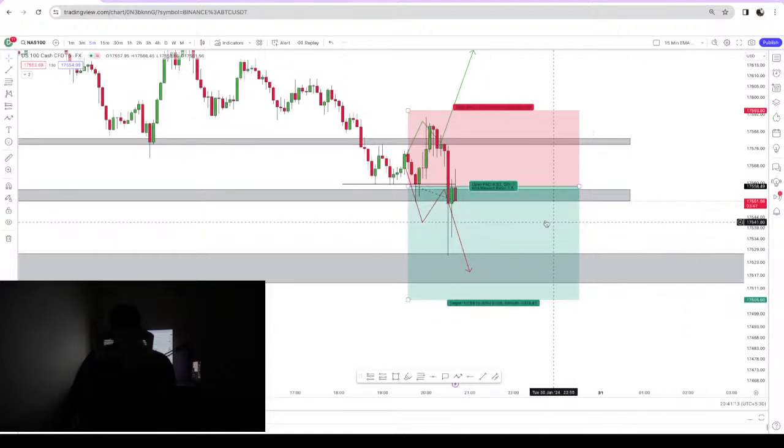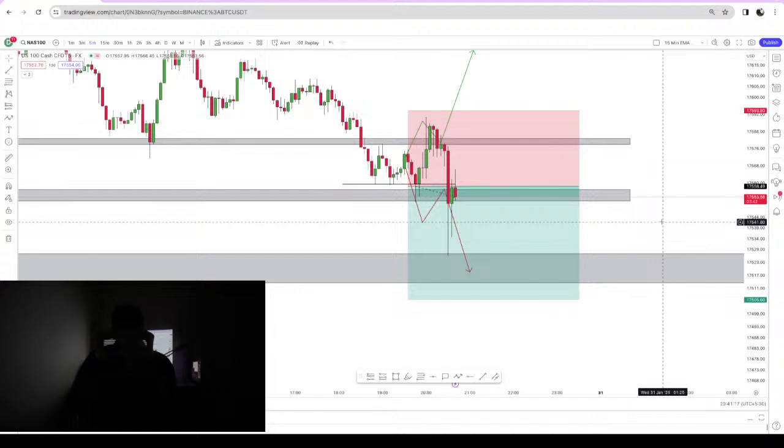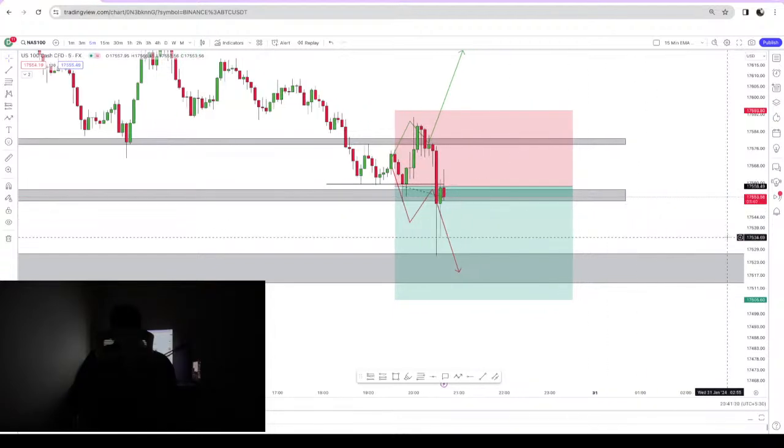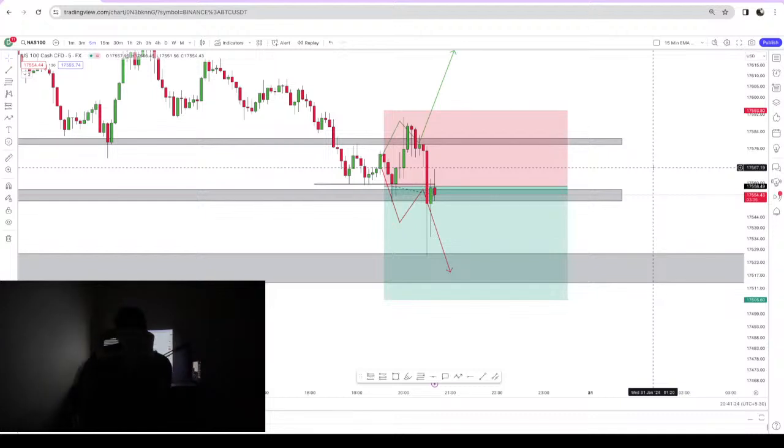So what I'll be doing is, if this red candle closes below this green, I can think of adding a little bit more position. Let's see.